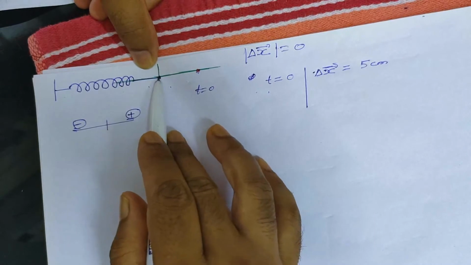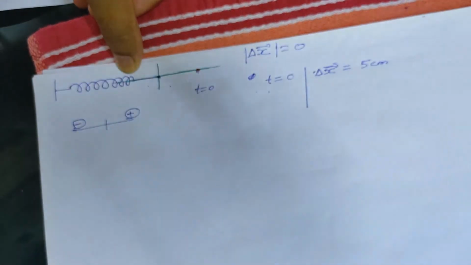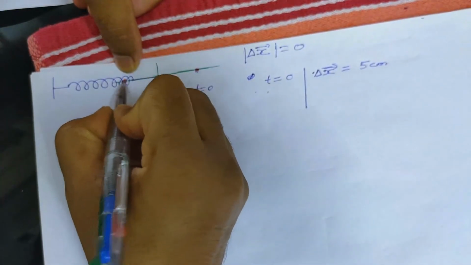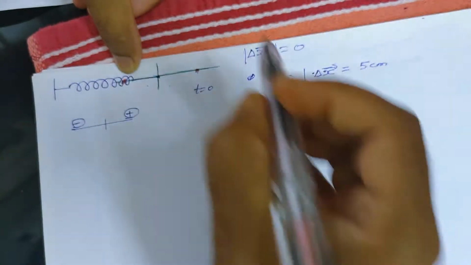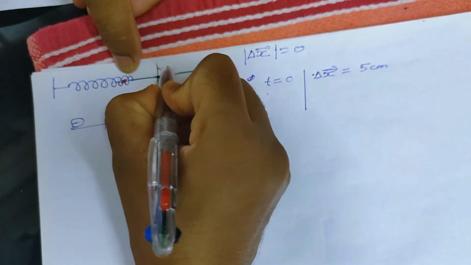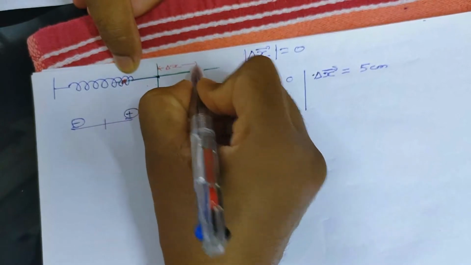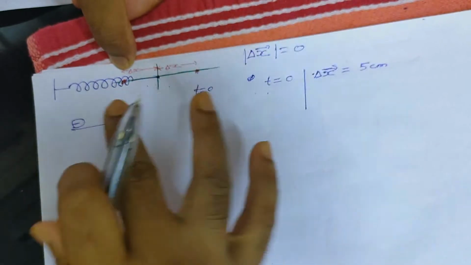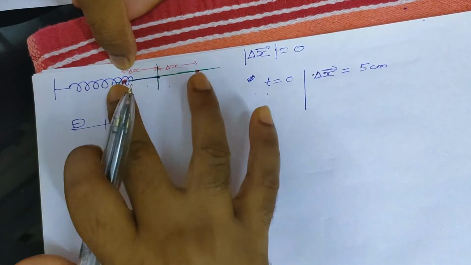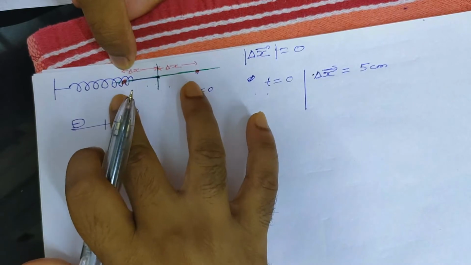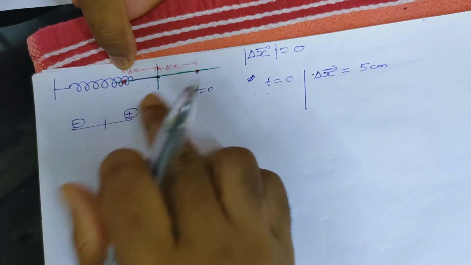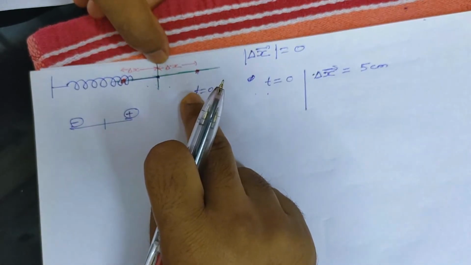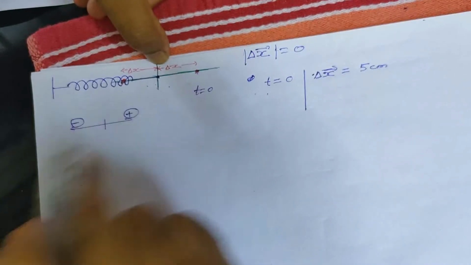After reaching here, the open end will go in this direction and will get compressed by an equal amount. This is delta x, and this is delta x also. So the magnitude of compression and extension will be equal when we release the open end, assuming there is no resistance.